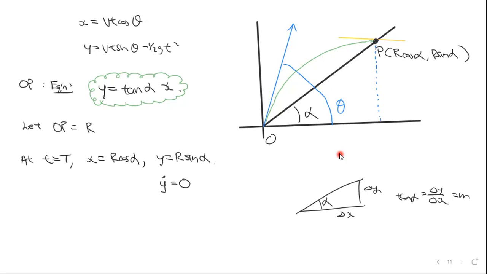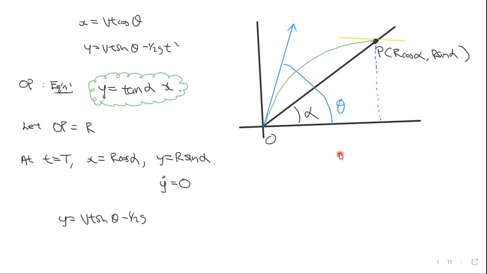With that in mind, let's see what we can do at that particular point. We don't know capital R, but we do know y equals vt sine theta minus a half gt squared. We'll get the time for max height.